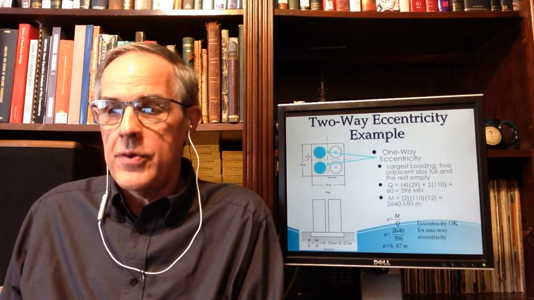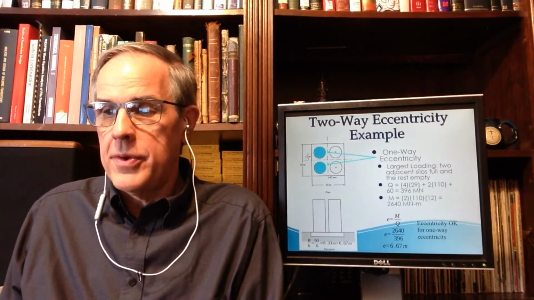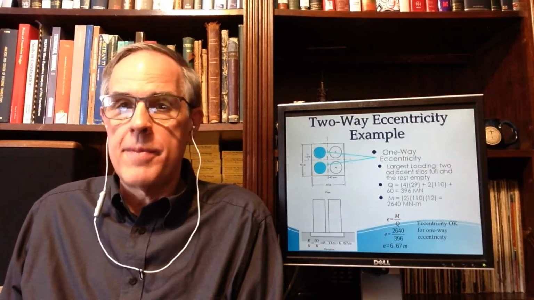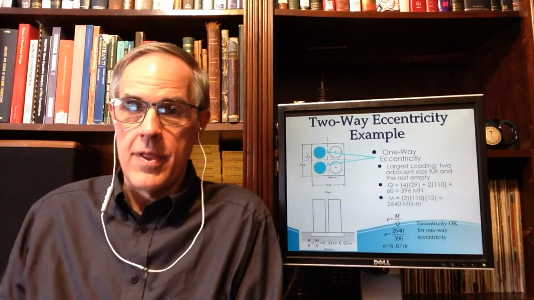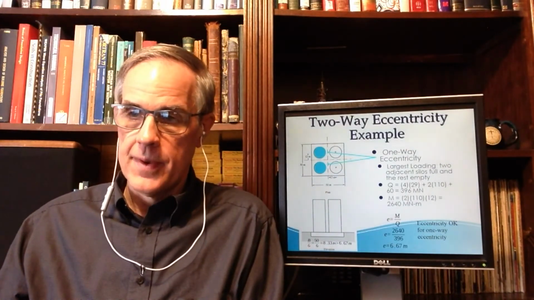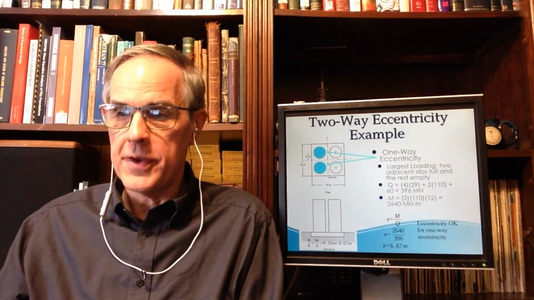So therefore, eccentricity is moment over load. I simply do that, and again, I get an eccentricity of 6.67 meters in one direction. In the other direction, there's no eccentricity. So therefore, B over 6 is equal to 50 over 6.